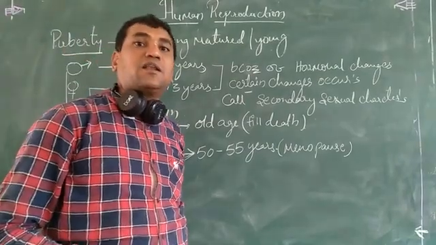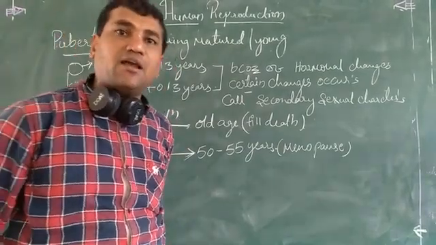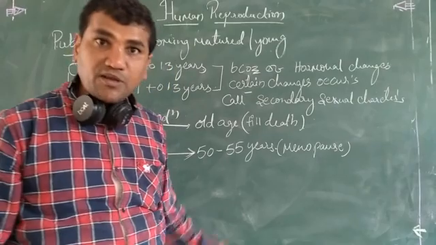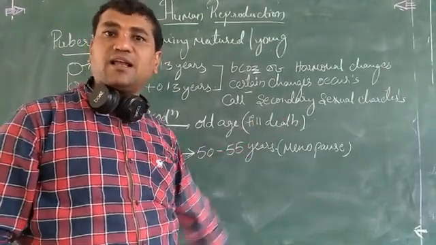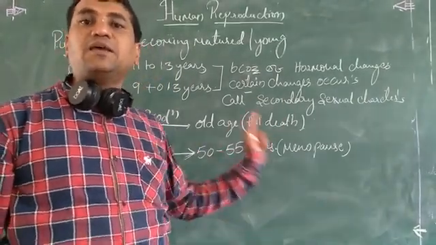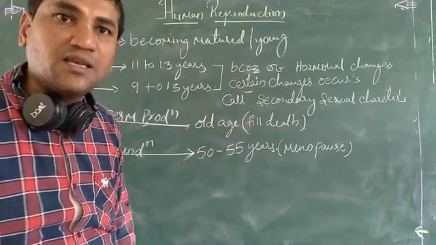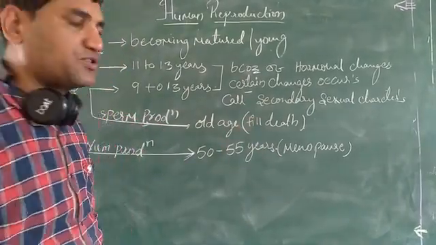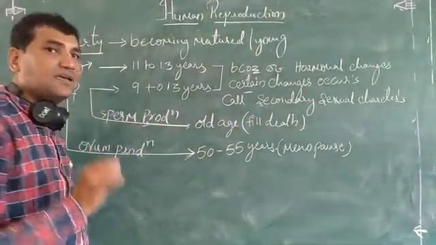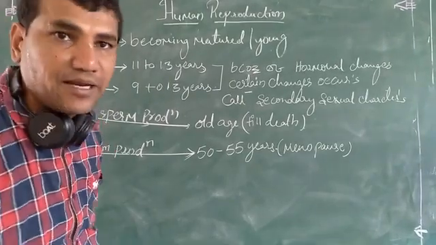The last menstrual cycle, after which no menstrual cycle occurs in the females, is called menopause, but the first menstrual cycle in the females is called menarche.